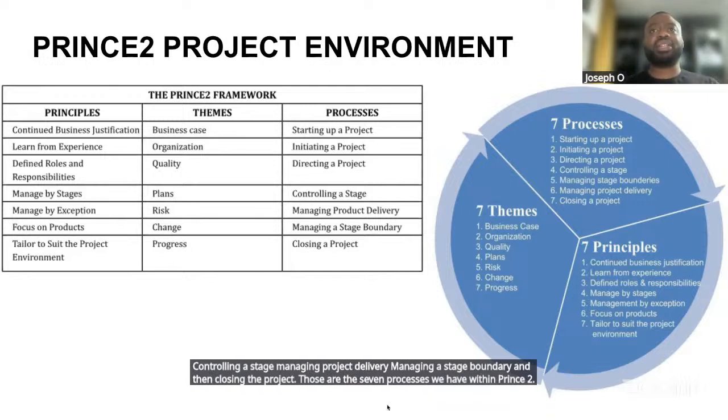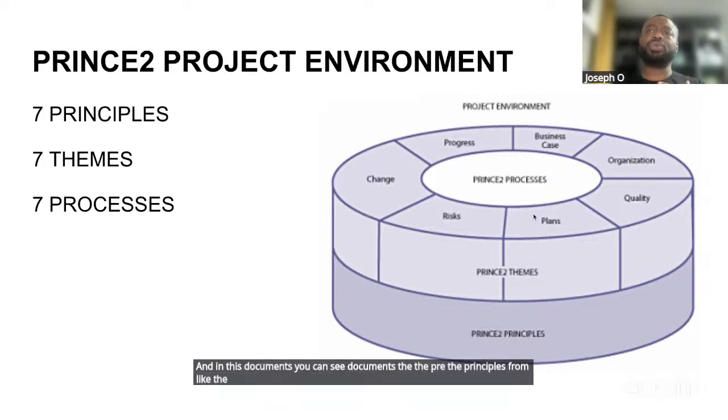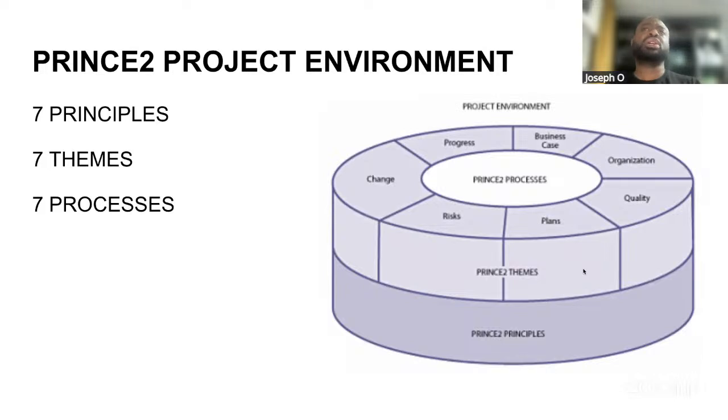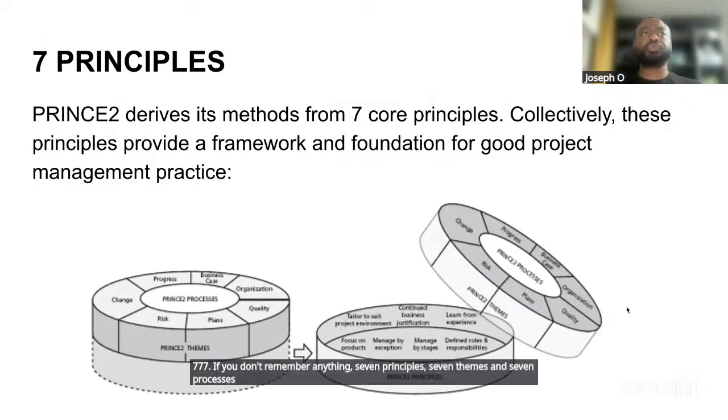And in this document, you can see the principles form like the base for PRINCE2. The themes form like the building blocks around, and then the processes is what holds everything together as one. So 777, if you don't remember anything: 7 principles, 7 themes, and 7 processes.